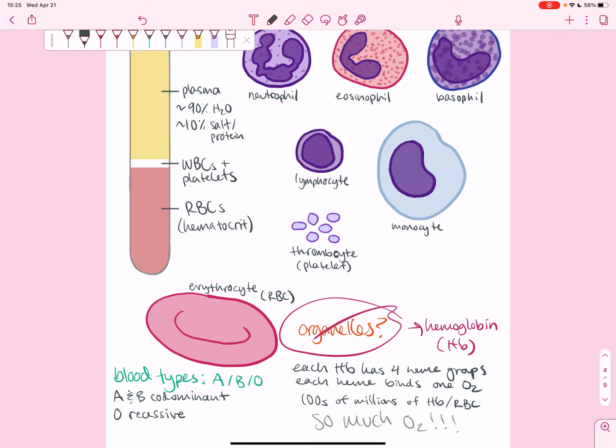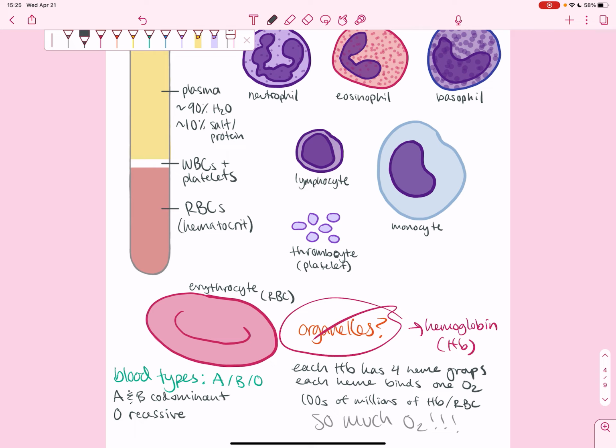And then, I said 4 blood types because you can have A, you can have B, you can have O, and because A and B are codominant, you can have AB blood type, which is, I think, really the rarest kind, at least in the U.S. It's the least common. And finally, the last thing that defines your blood type is the Rh factor.